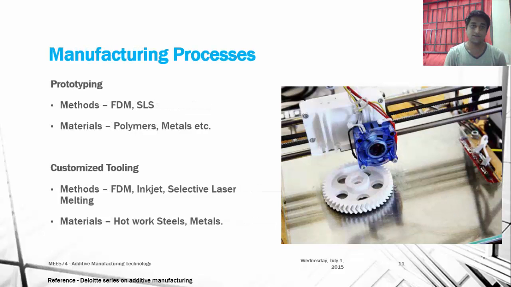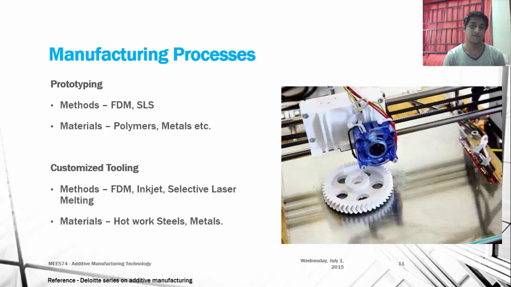So the next important area is manufacturing processes. Usually prototyping of various parts or designs is done using FDM or SLS. Then polymers and metals can be used. Then another part is customized tooling, or we can say rapid tooling. This is the tooling which is specifically manufactured for specific applications of the automobile industry.